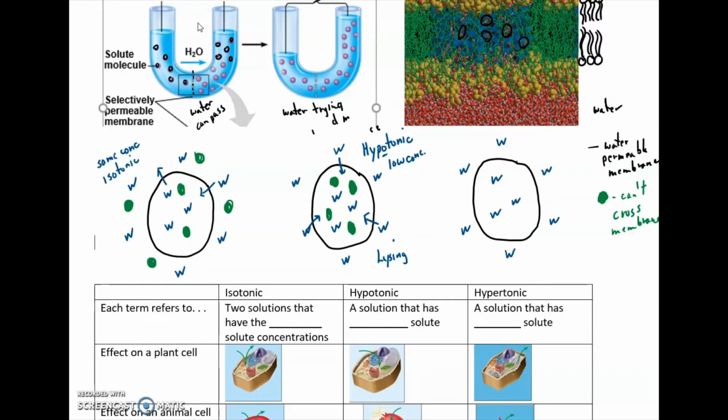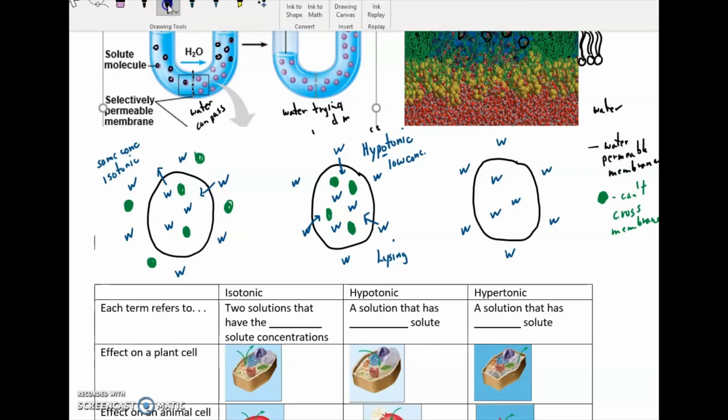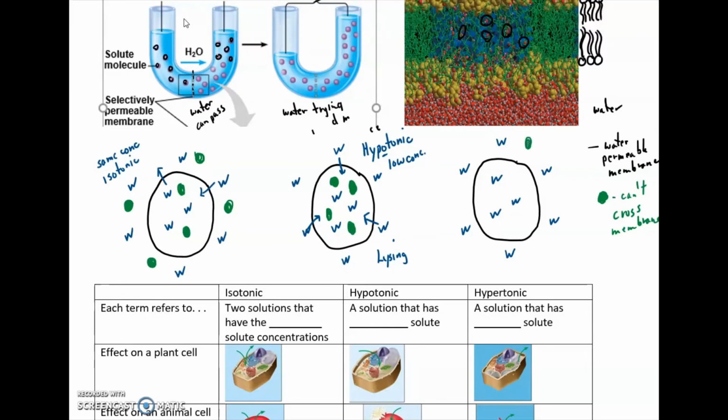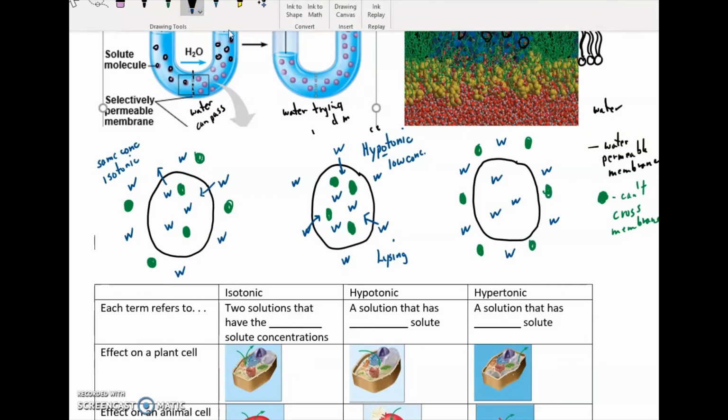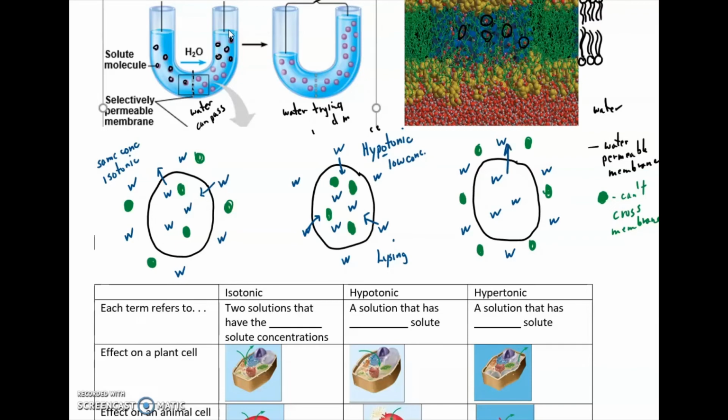This last cell is going to have our large green molecule on the outside, but none of it on the inside. Well, the water that's inside is going to be drawn out. It's going to diffuse out to try and dilute out the green, and this will cause the cell to shrivel.